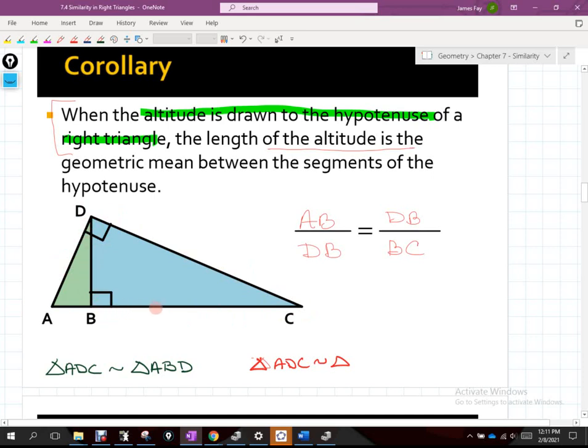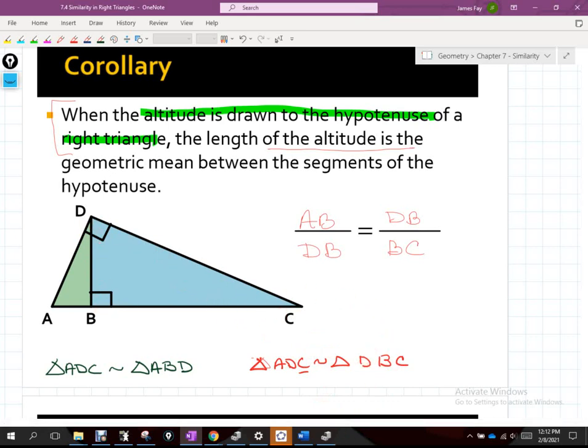Look at this blue triangle and the overall triangle. Which angle do they share completely? Angle C. So C is the last one there, so I'm going to put it last there. Which angle in the overall one was the right angle? D. Which one's the right angle in the blue one? B. So D and B need to be in the same spot. And then what angle is left over for this blue one?